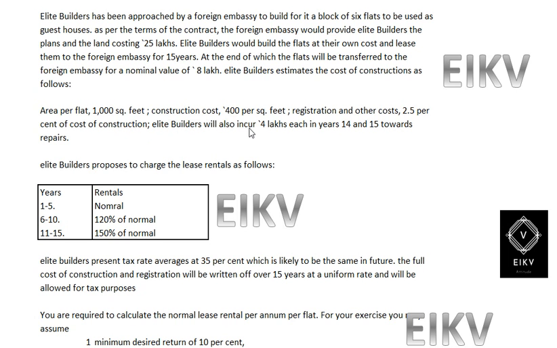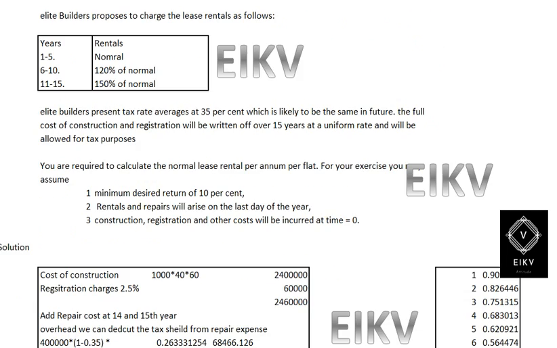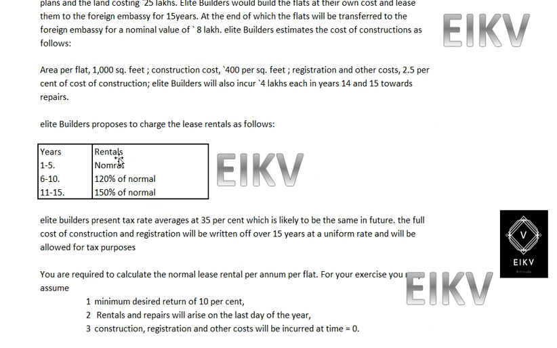Allied Builders will also incur 4 lakhs each in years 14 and 15 towards repairs. Allied Builders proposes to charge the lease rentals as follows: in years 1 to 5 the normal rent, in years 6 to 10 it is 120% of nominal, and in years 11 to 15 it is 150% of nominal.